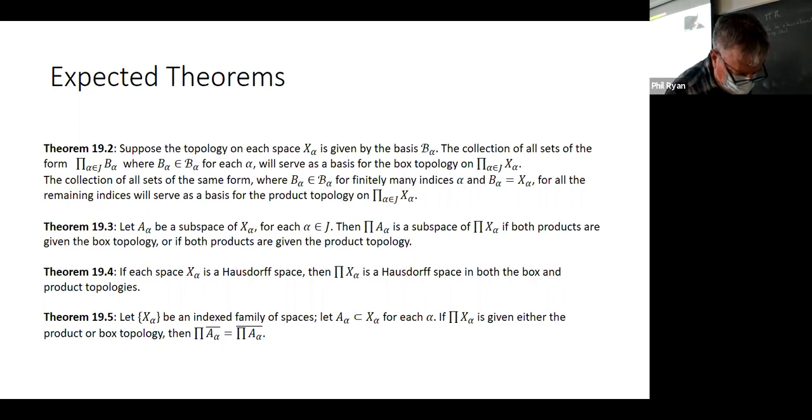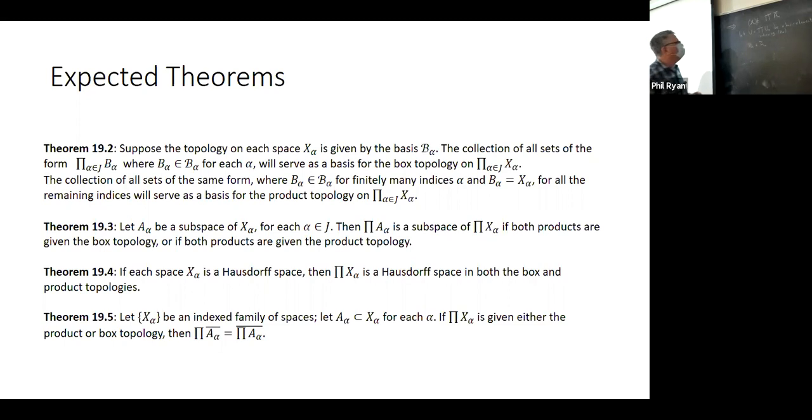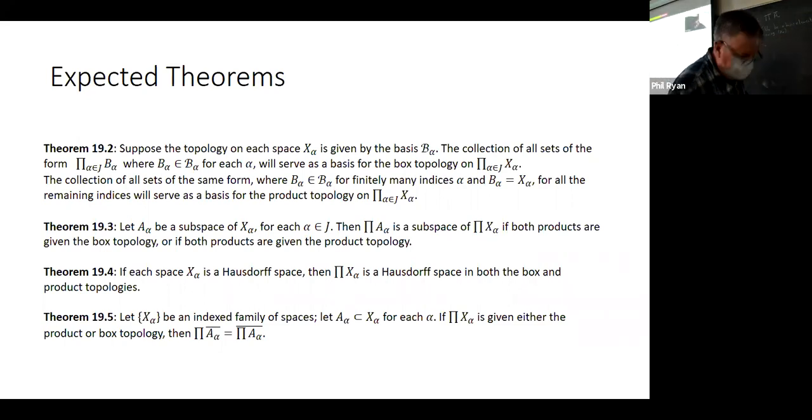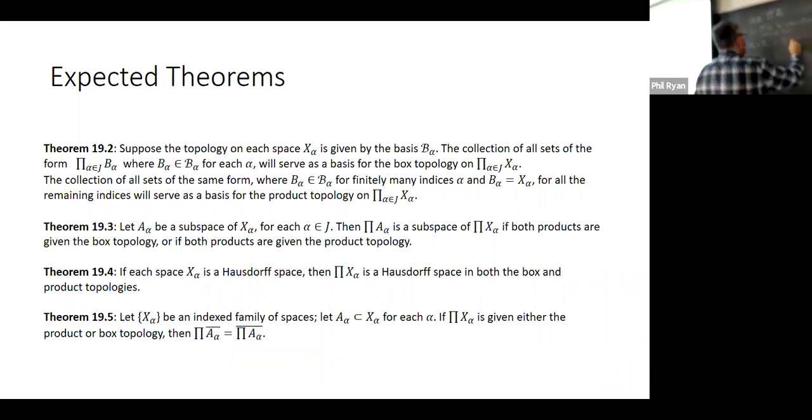Let x alpha be in the product. So that means that each x alpha is contained within the closure of A alpha. So that means there exists a y alpha which is in U alpha intersected A alpha. So that's true for each alpha.